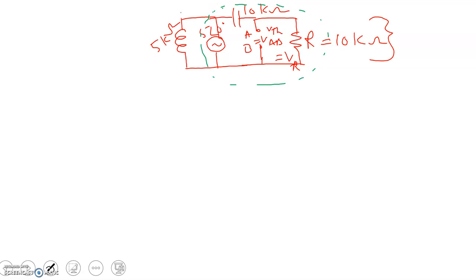We can apply KVL in this circuit and we can easily find out the drop across R. So the current that will be flowing, let me call it I, will be given by the voltage Vs upon sum of this and this impedance.